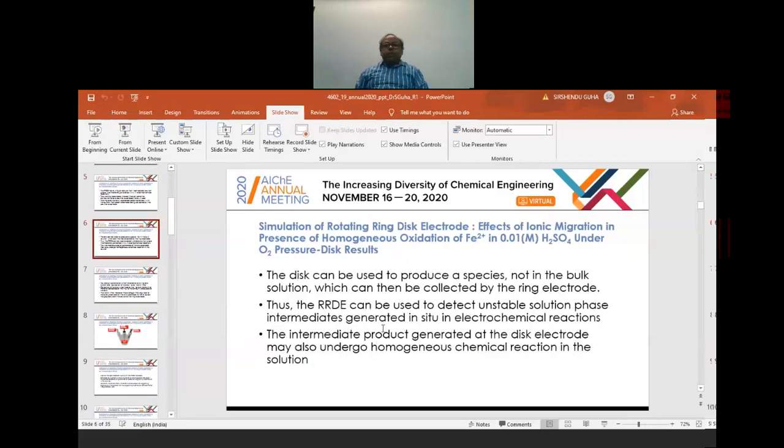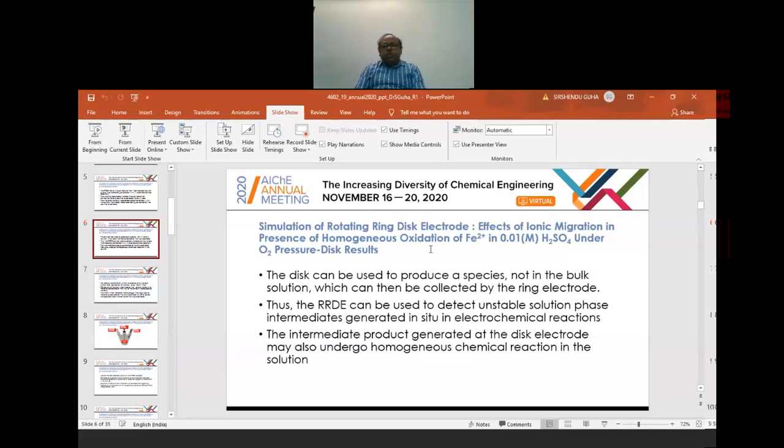Now, the rotating ring disk electrode is such a device which can be used to produce a species which is not existing in the bulk solution, and that can be collected by the ring electrode.